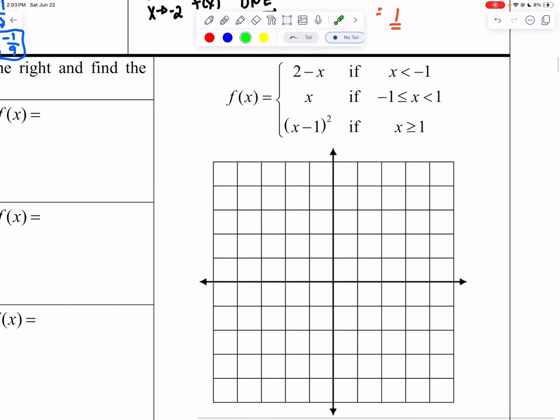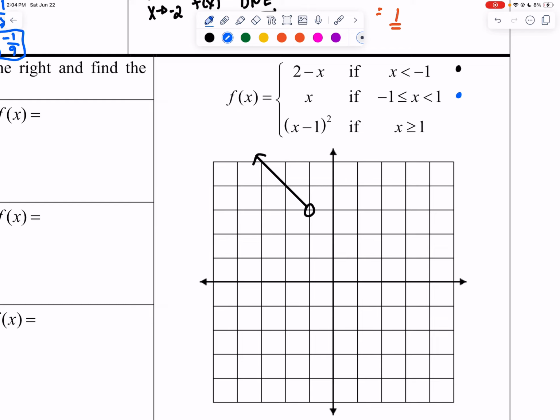So here I have 2 minus x if x is less than -1. I'm going to plug in -1, and that's going to give me 3. That's going to be an open circle at 3. And I have a negative slope of -1. So here's my first subfunction right here.